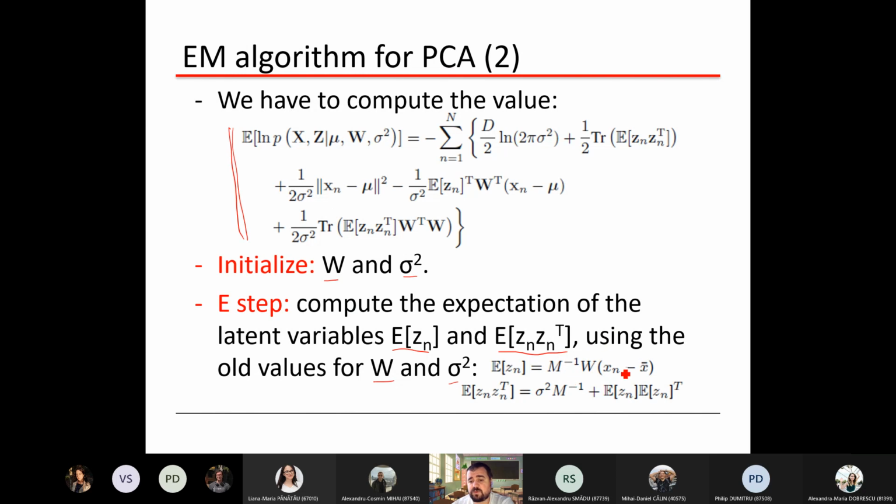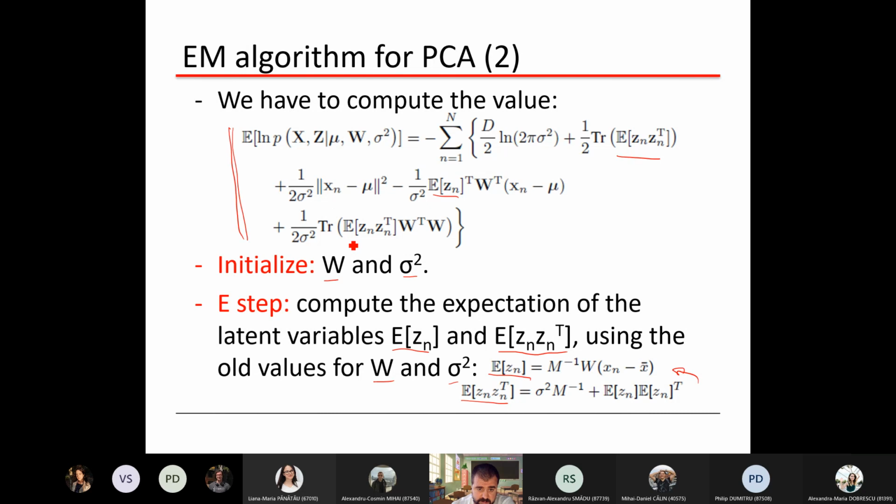So we'll have M to the minus 1 W multiplied with Xn minus the mean as the expectation of Zn. And the expectation of Zn multiplied with Zn transposed is sigma square M to the minus 1 plus the product of the expectation of Zn that we already computed here, multiplied with the expectation of Zn transposed. Because these are the terms that we are interested in. You can see this is the expectation that we need.